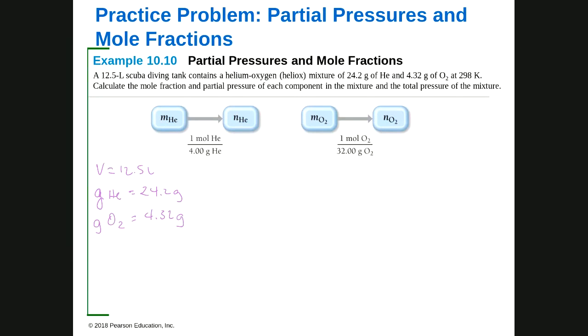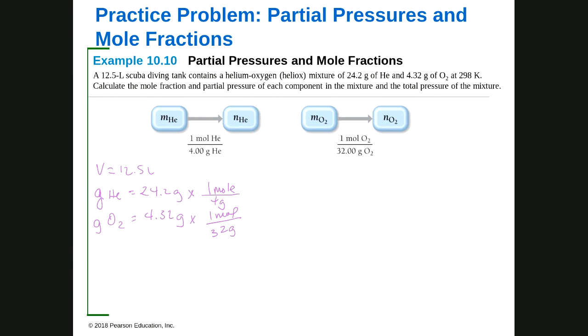So I have to look at it in terms of moles, because when I see grams, I think moles. All right, so I convert these to moles, and helium, of course, is 4 grams per mole, and oxygen is 32, so it's O2, 32 grams per mole.